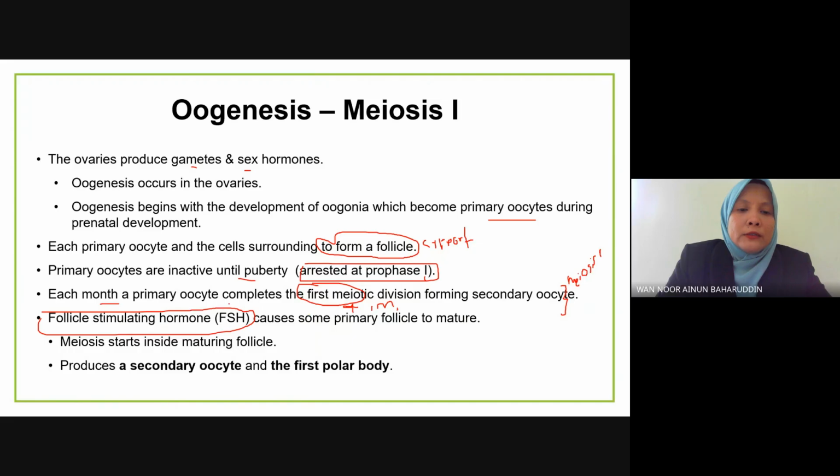They are stimulating the primary oocyte, which now becomes a secondary oocyte, because they have already completed all the processes of meiosis 1. These occur inside the maturing follicle, one for one month.